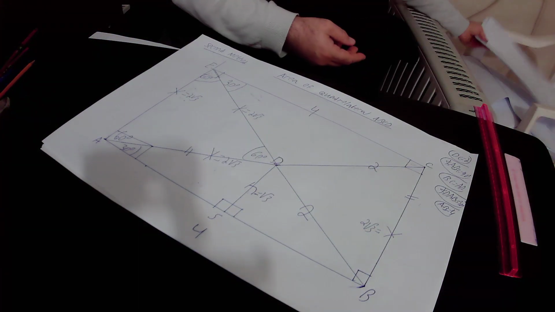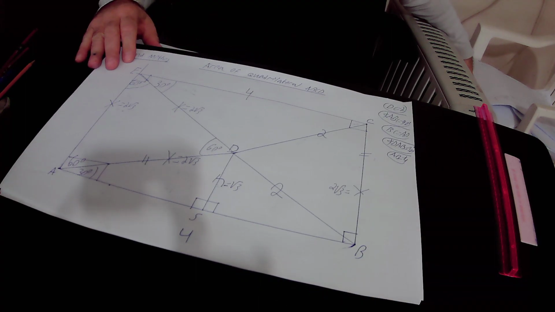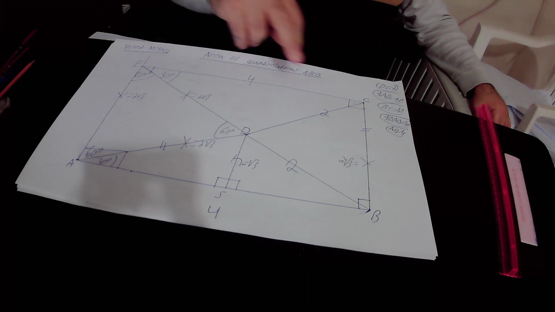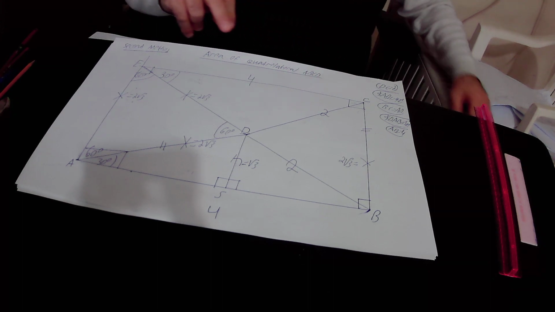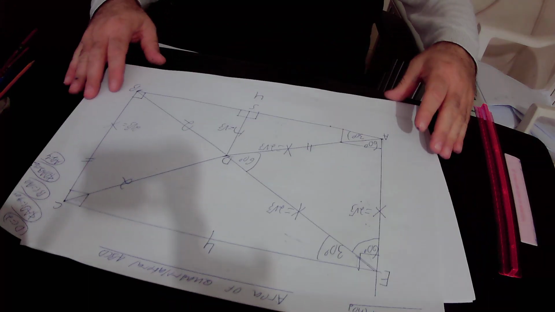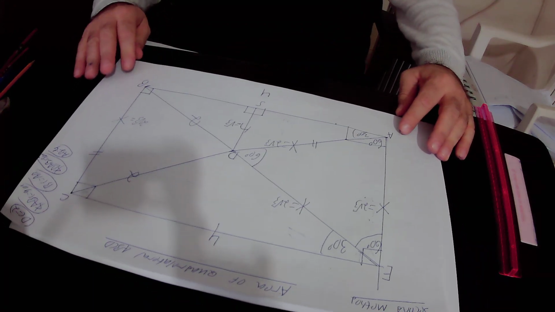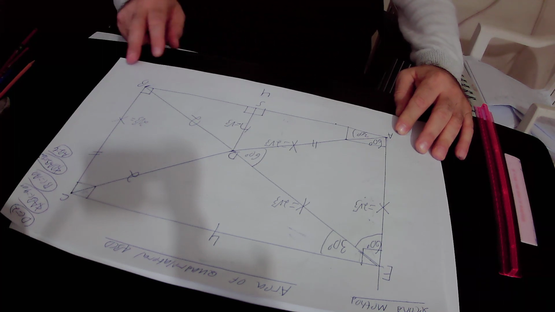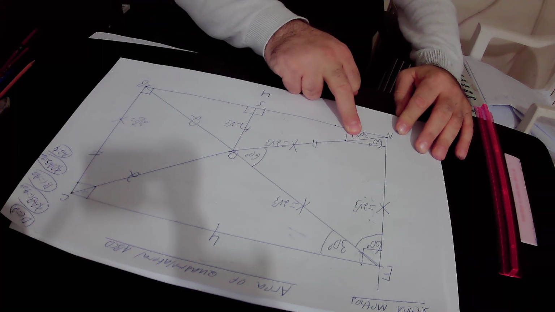In the second method, we did another construction. Here, from point A, we draw a perpendicular to AB, so this angle is a right angle.